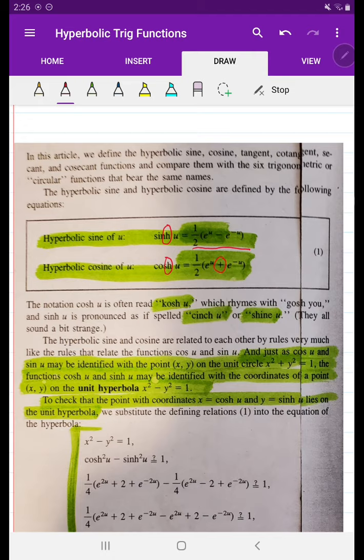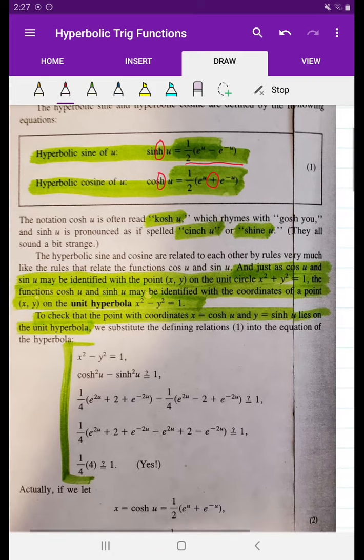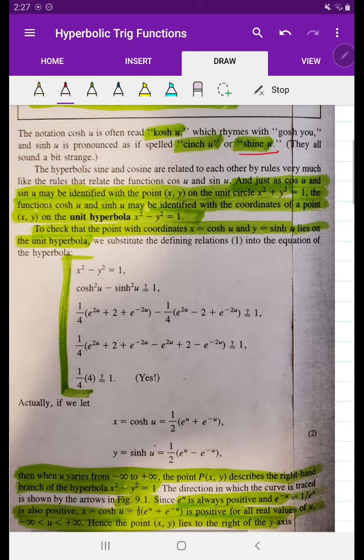So two very similar identities, just that sign in the middle is different. Some people will also say shine u instead of cinch u. I've always just said cinch, but you can say whatever you like.